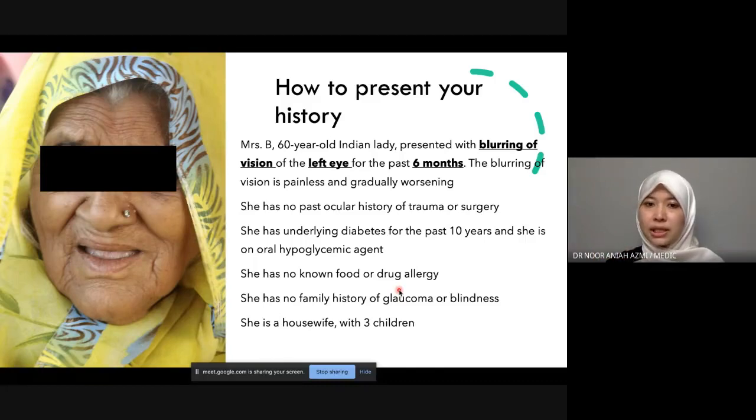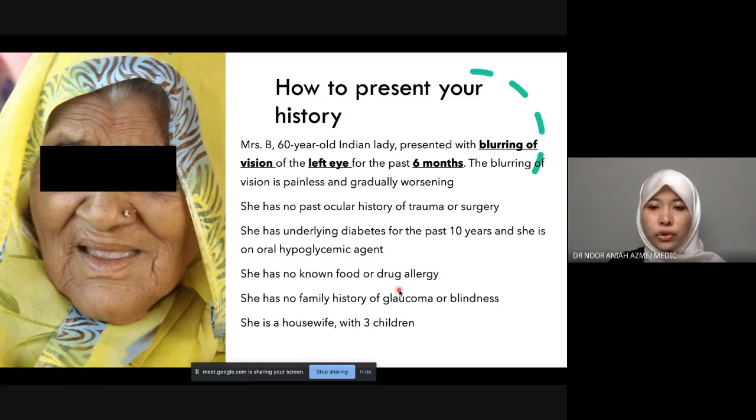The blurring of vision is painless and gradually worsening. Even better if you can ask what type of blurring of vision. Some patients will describe it as generalized blurring of vision. She has no past ocular history of surgery. She has underlying diabetes for the past 10 years, and she is on oral hypoglycemic agents.